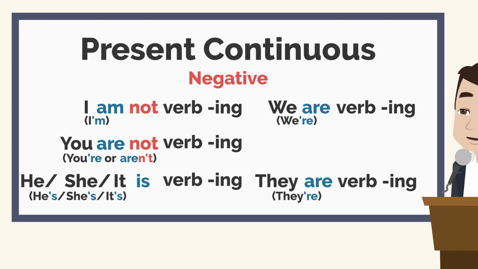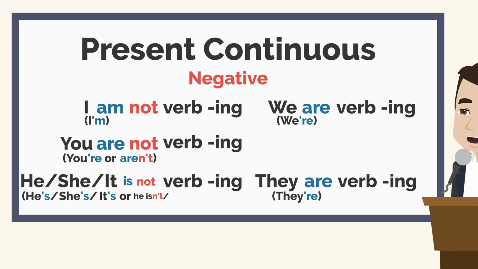He, she, it is not, or he's, she's, it's not, or he isn't, she isn't, it isn't. Again, both options work here, plus verb and ing.